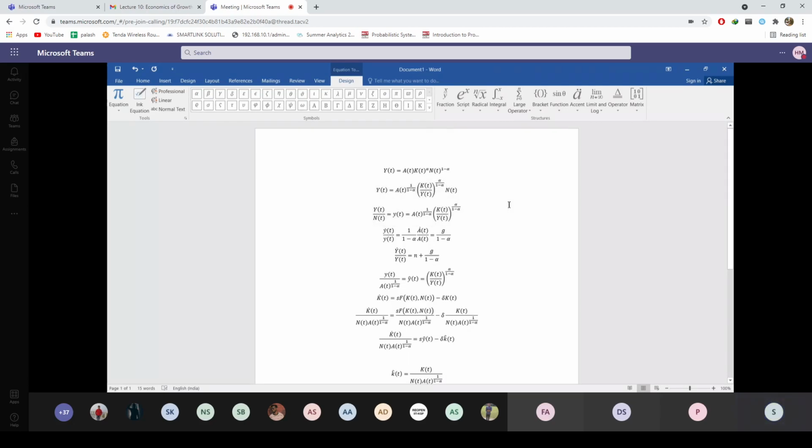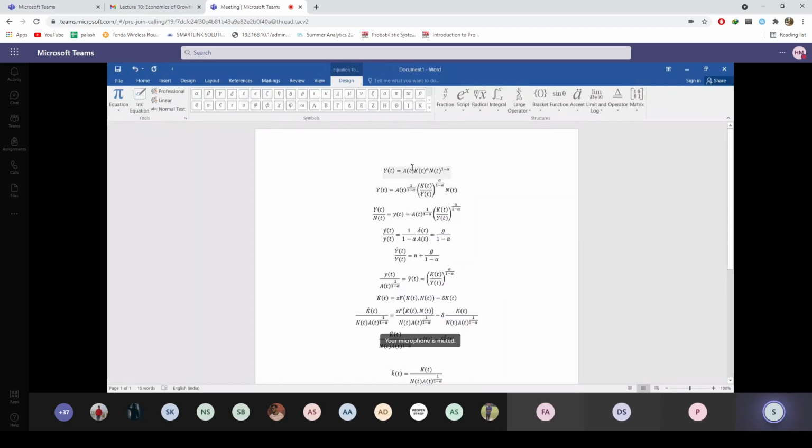Actually, we are fortunate because in the growth model, either we work with this type of production function, both labor augmenting and capital augmenting, or we simply work with the only labor augmenting production function. If it is a simple labor augmenting production function, you define your k hat as small k hat equals capital K divided by AN.